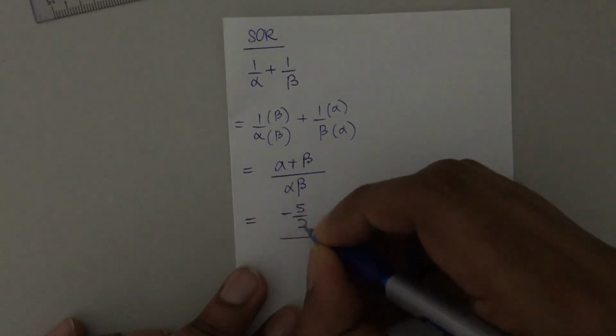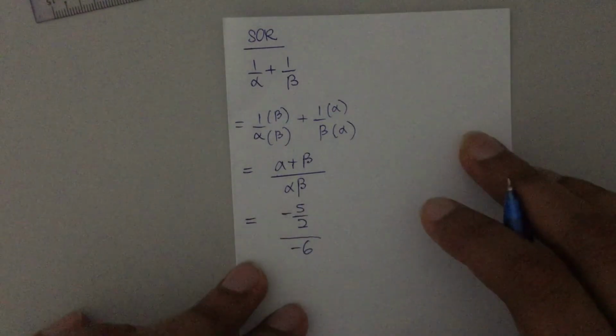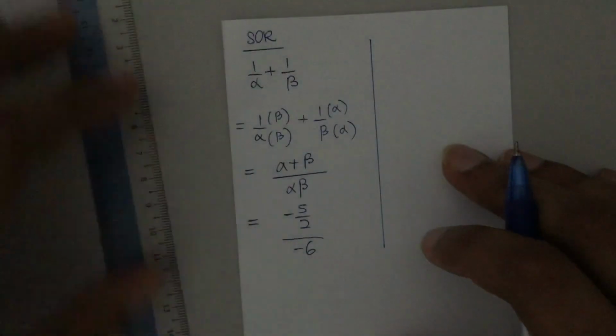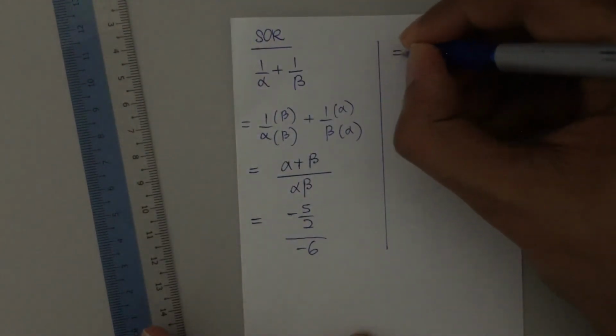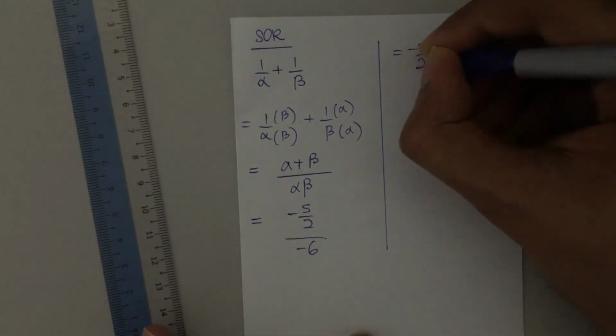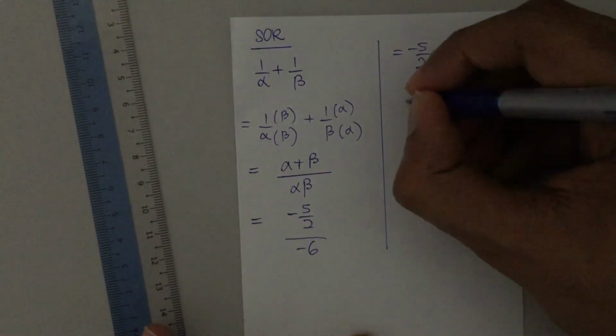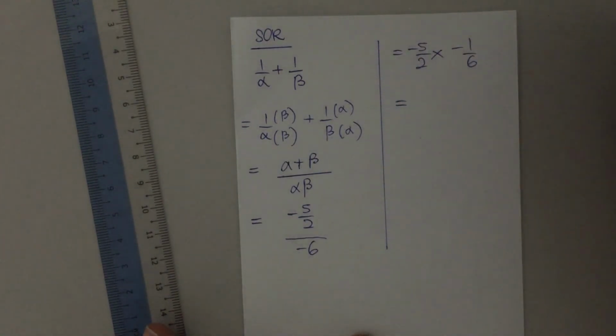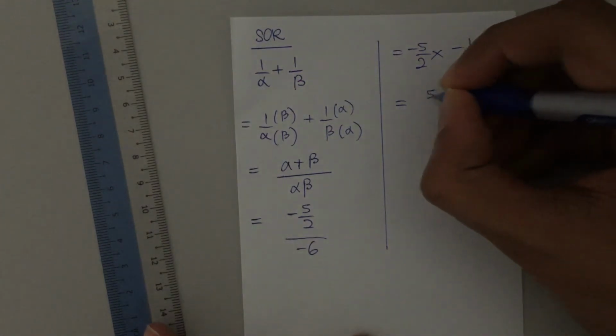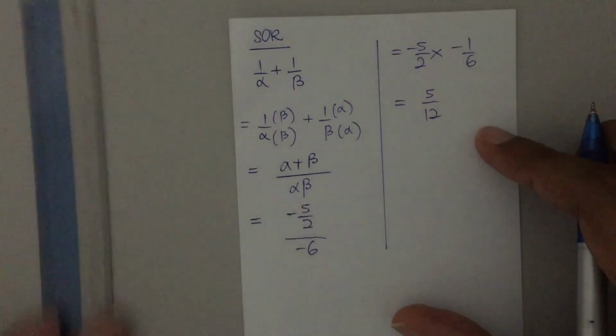So from here, negative 5 over 2 divided by negative 6. It will become negative 5 over 2 times negative 1 over 6, and you get 5 over 12. So this is your SOR.